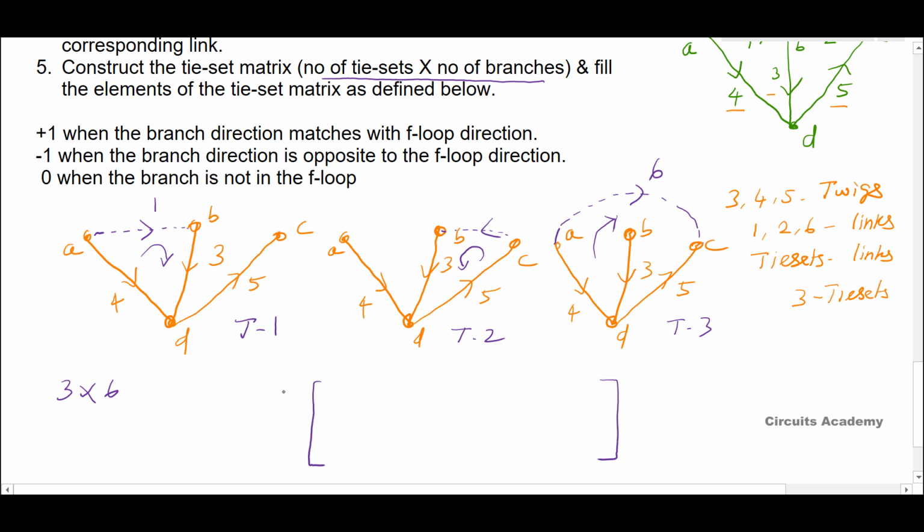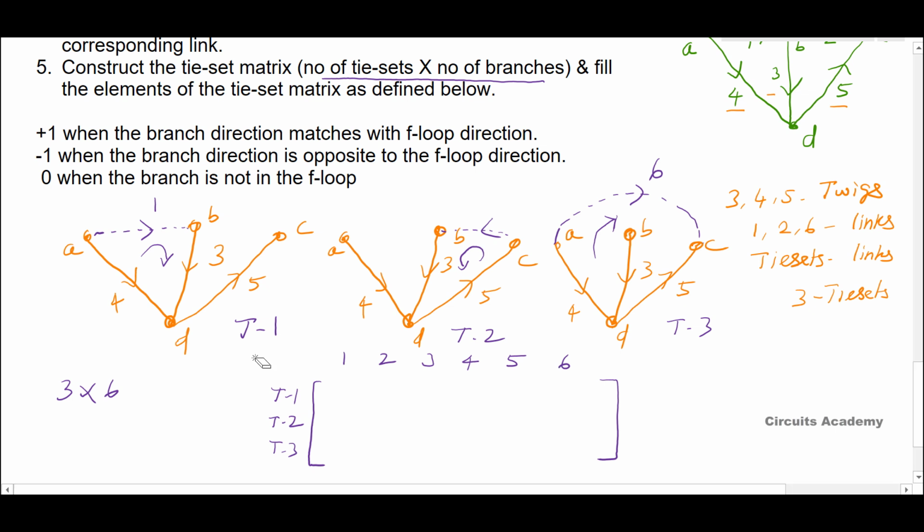The 3 rows would be T1, T2, T3, and the columns would be 1, 2, 3, 4, 5, 6. Now follow the procedure given in step 5. Plus 1 when the branch direction matches with the F loop direction, minus 1 when the branch direction is opposite to the F loop direction, and 0 when the branch is not connected to the F loop.